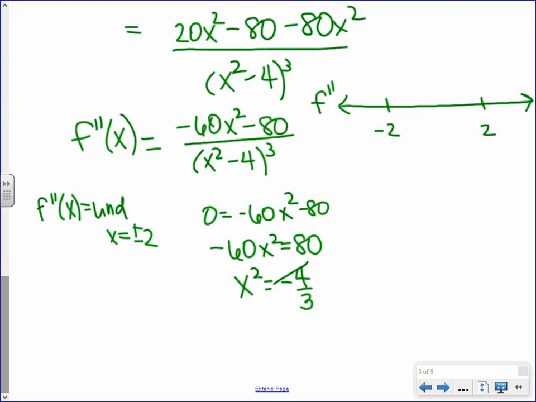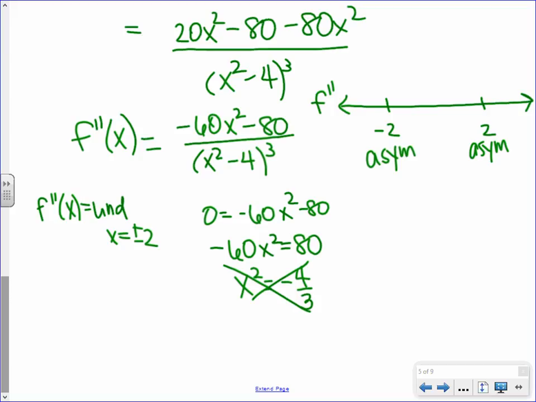It is okay for our numerator not to equal 0. So we're not going to have any points of inflection because the only two numbers we have on our second derivative number line are asymptotes.